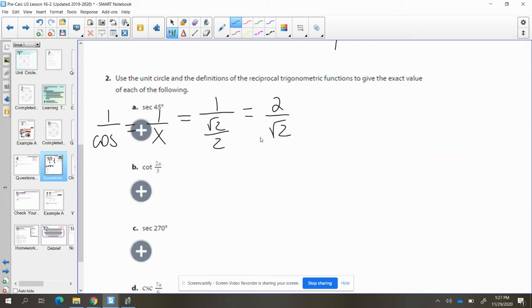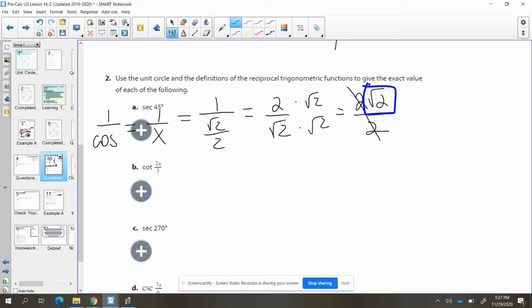So if we flip the fraction to multiply it by the reciprocal to get this in the numerator, we see this, which is still not great because we, again, normally don't want that radical in the denominator. So really we get 2 square root 2 over 2, which just cancels to be a final answer of the square root of 2.